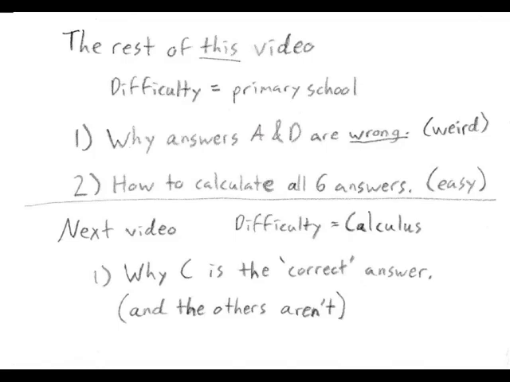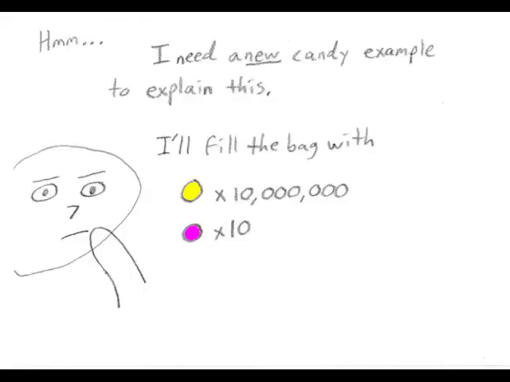The next video has a difficulty level of calculus and focuses on why C is the correct answer while the other answers aren't. I need a new candy example to explain this.